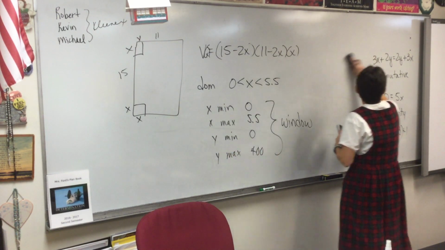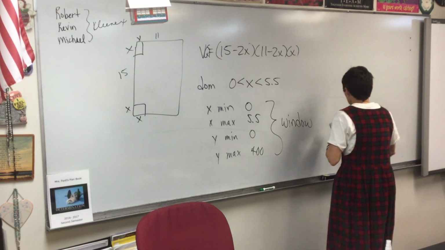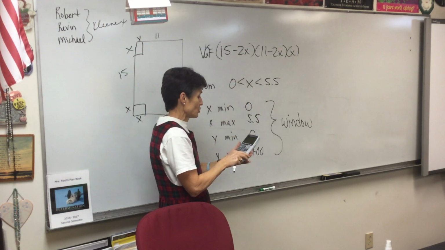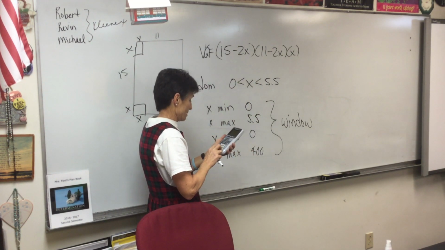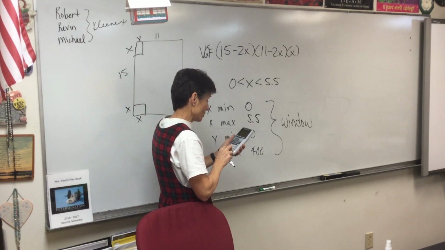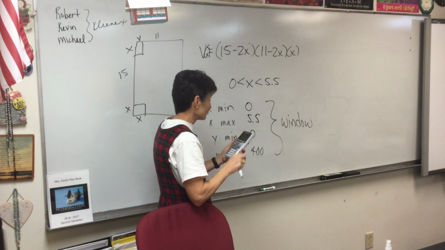Then you have to put in your equation. So type in y equals this equation. Some of you have an old equation in there. Don't use the old equation, you'll get the wrong answer because you got a different equation.